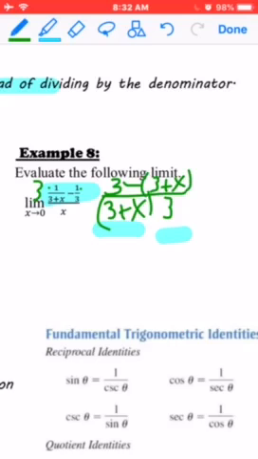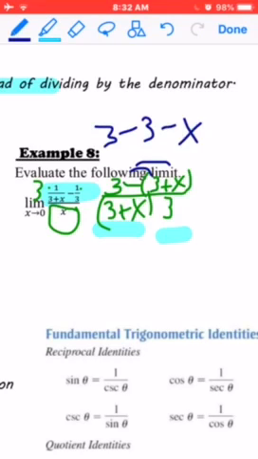Okay, and if you want to, right there, instead of having it all over x, you can already put times 1 over x. If that confuses you, then still simplify the numerator and do that step later. So I'm going to still simplify the numerator. So I distribute that negative, and that would be 3 minus 3 minus x.